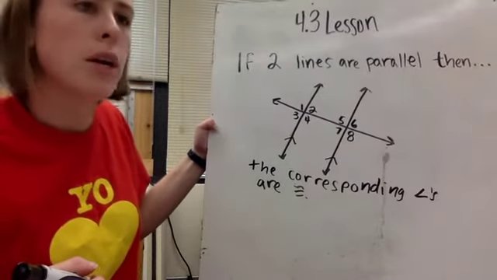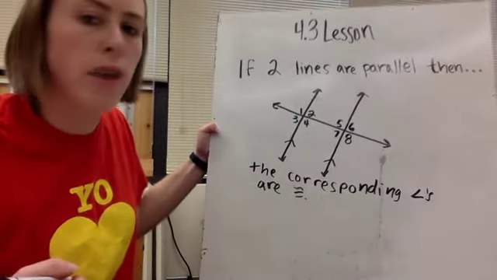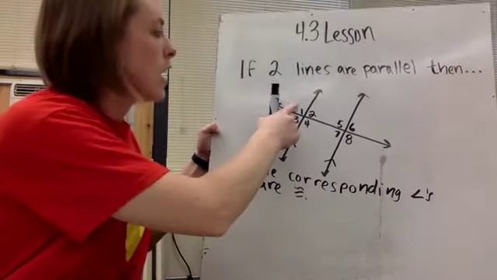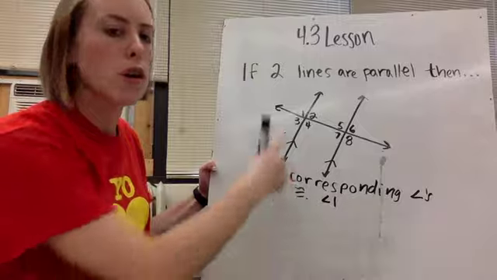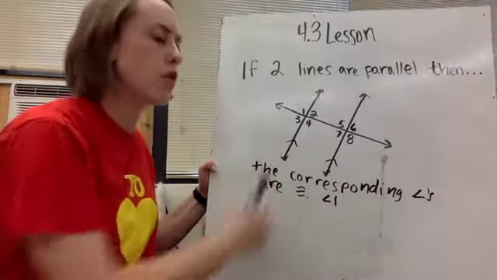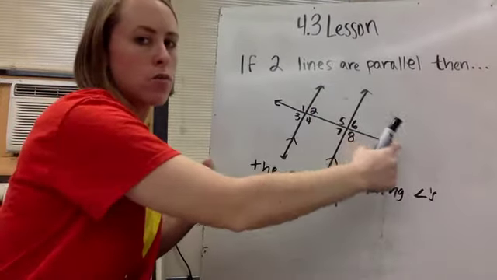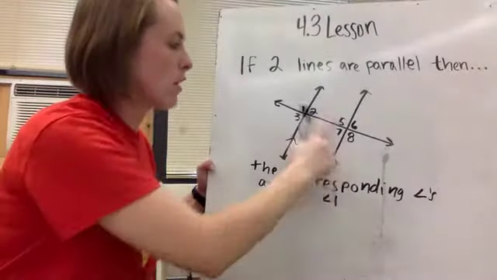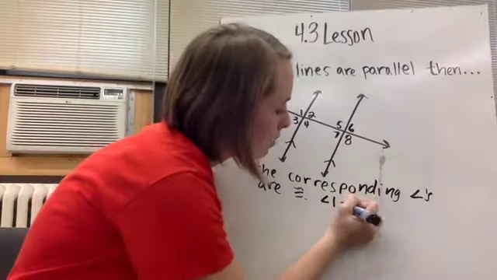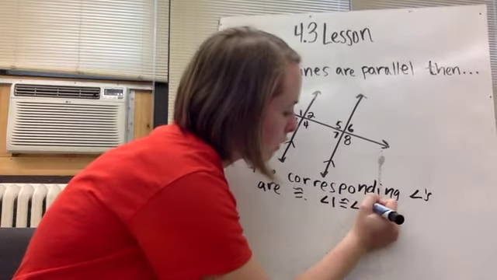So looking at this picture, I want to identify which ones are corresponding. Angle 1 and angle 5 are corresponding. They're both above the transversal line. Here's my transversal line. They're both above it and to the left of the parallel line. So we can now say that angle 1 is congruent to angle 5.